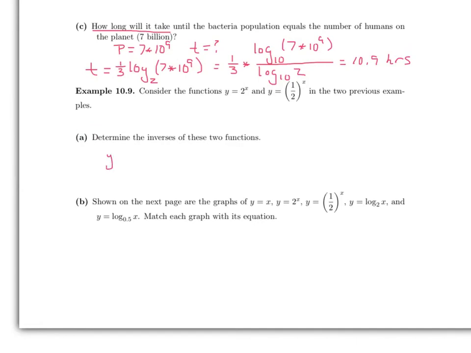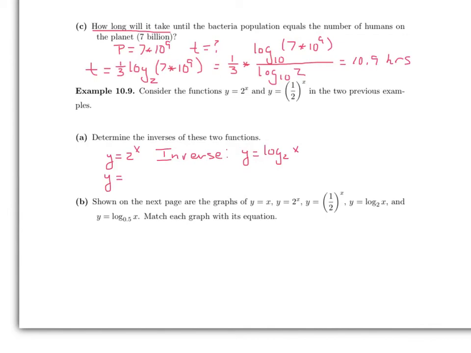Well, let's start with y equaling 2 to the x. This is an exponential function. Its factor is 2. The inverse of this function would be log base 2 of x.